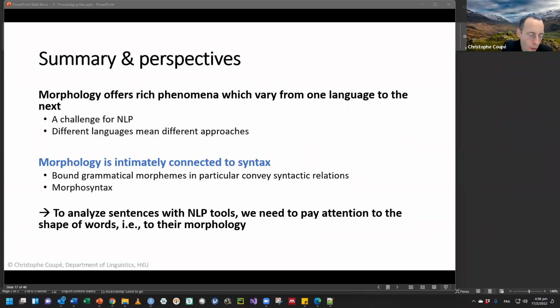In the languages where morphology is very rigid, nothing changes much, so it's quite simple.